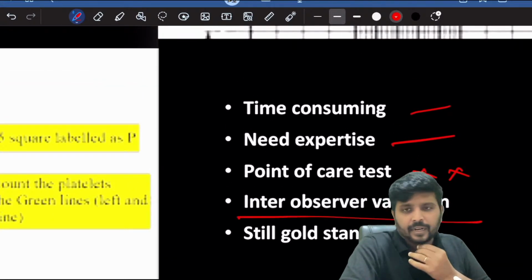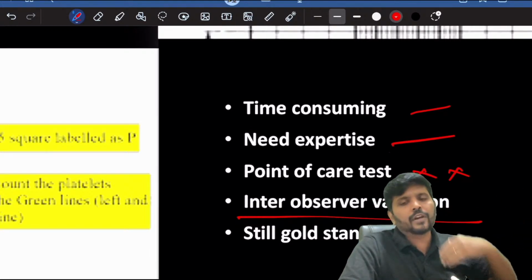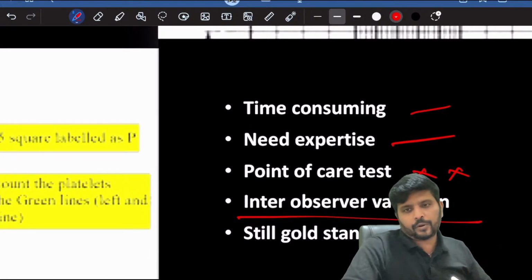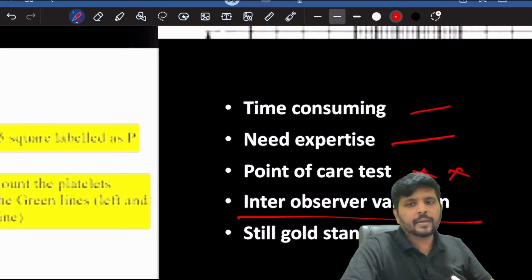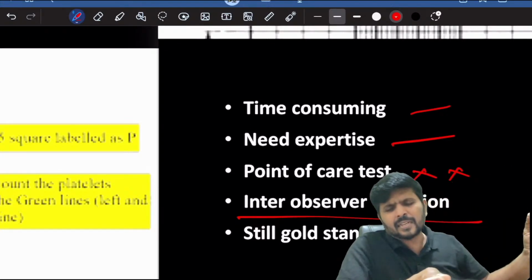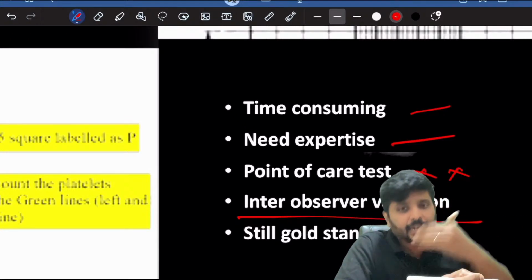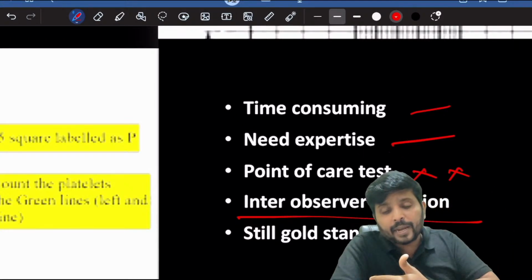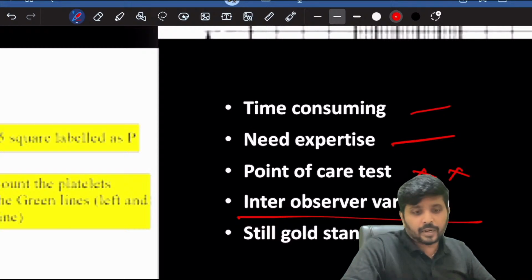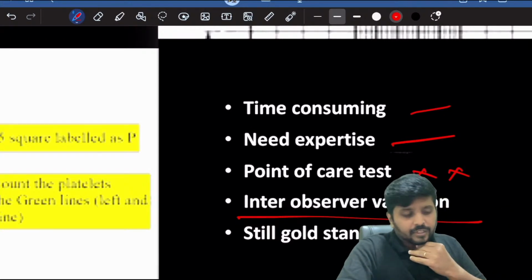What do you mean by inter-observer variation? You can have a person A who will give one neutrophil count, and a person B, another technician, will give another neutrophil count. So it is cumbersome and time consuming. It takes such a long time to interpret. It will not be available as early as possible, and you cannot treat the child immediately based on the CBC result.